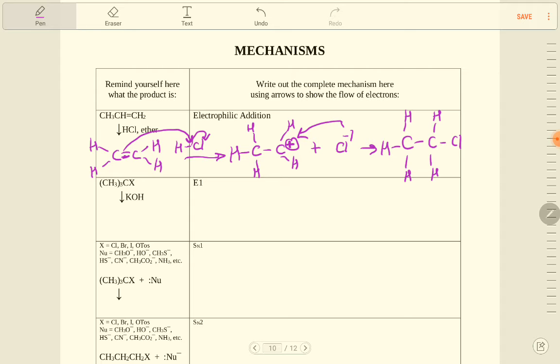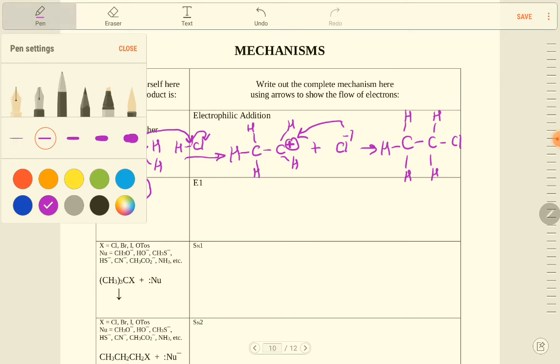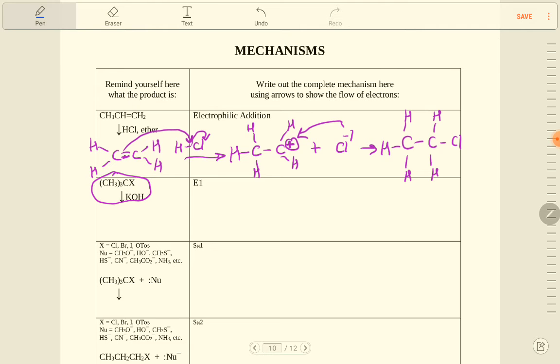now we are going to talk about Sn1 mechanism. Let me change the pen color. I'm going to select this color. Alright, so that is CH3 on 3 side and Cl on this one.